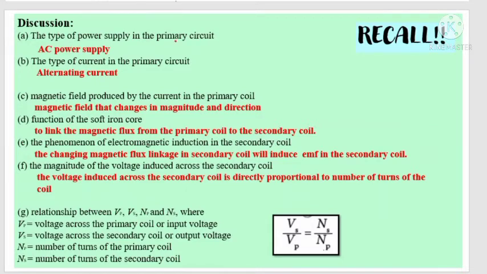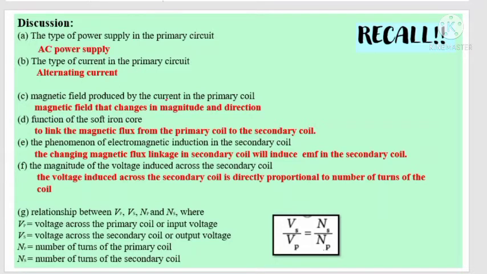The type of power supply in the primary circuit is AC power supply. The type of current in the primary circuit is alternating current.